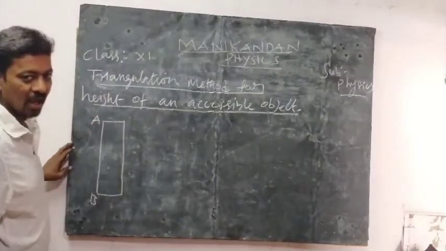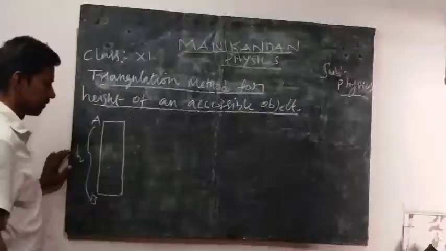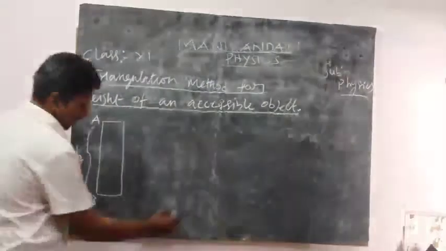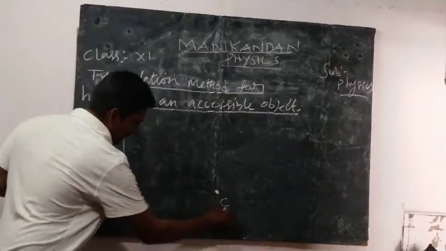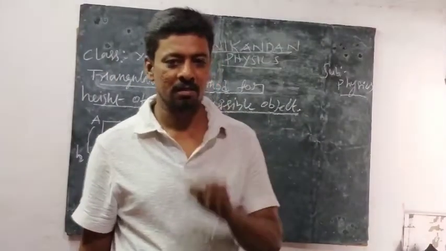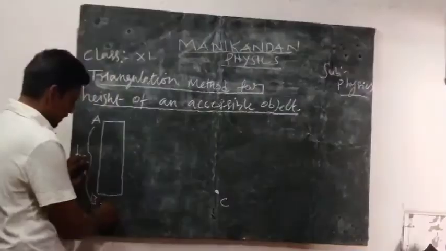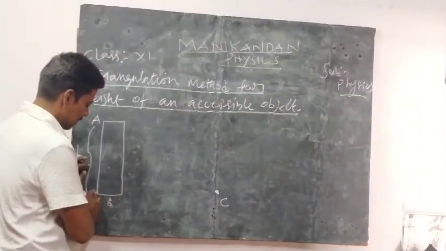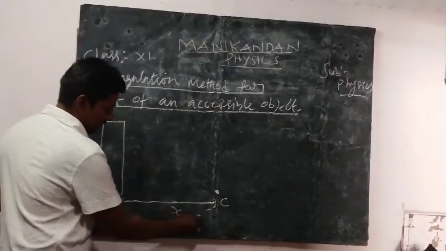AB is the height of the building, H. Consider there is a point, the name of the point is C. C is the point of observation from B. So the distance between B and C is x.